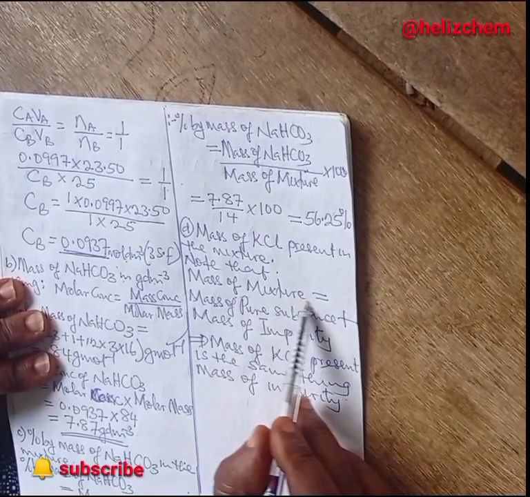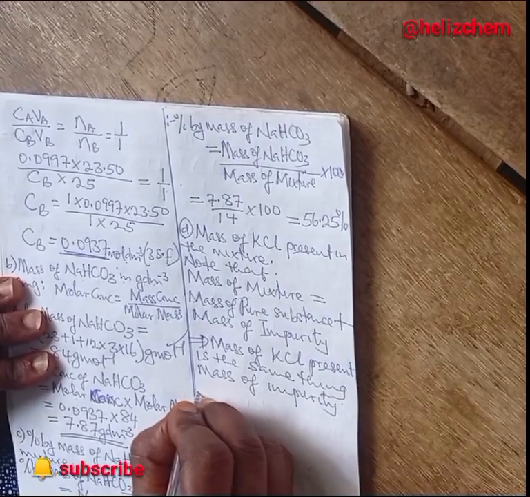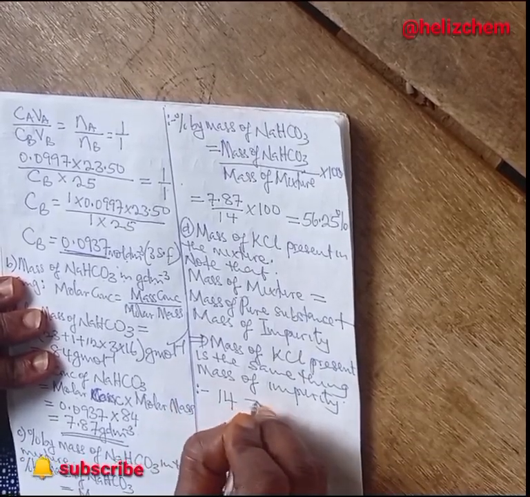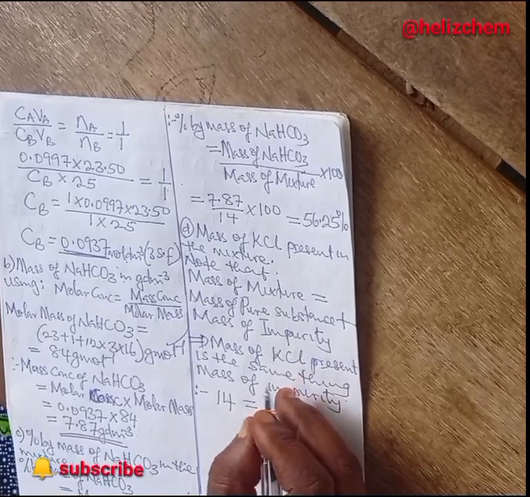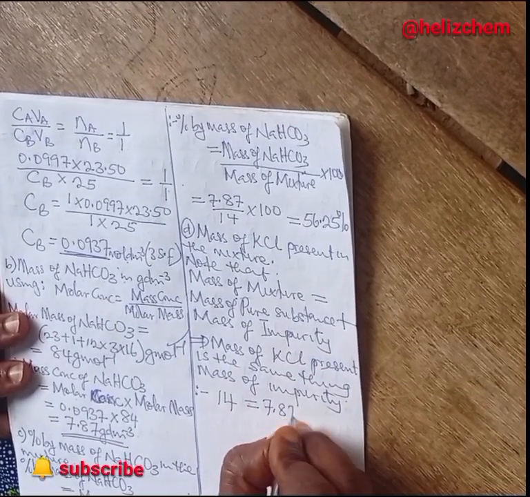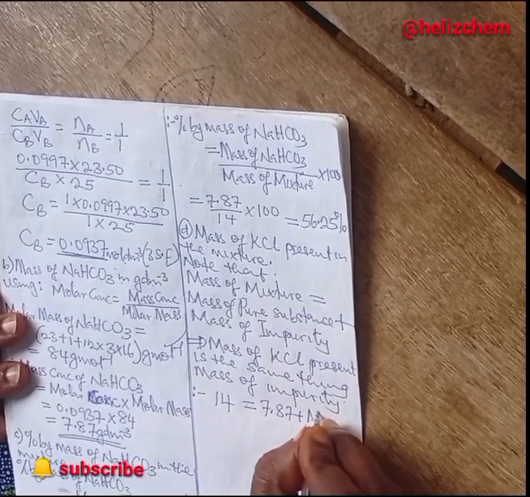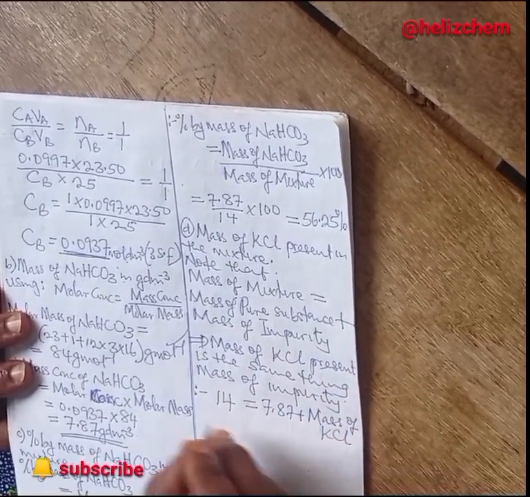So we are going to use this formula. Our mass of mixture, therefore 14, will be equal to what? Mass of pure substance that we calculated was 7.87 plus mass of what? KCl.